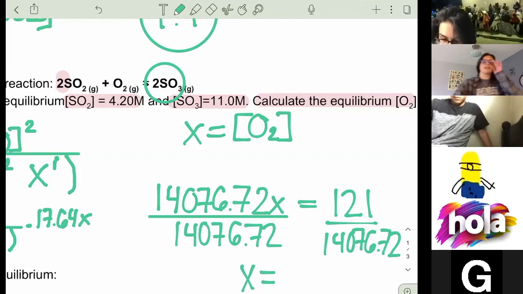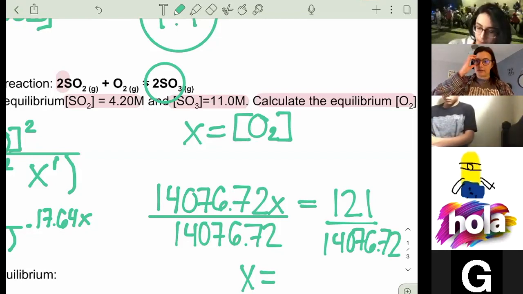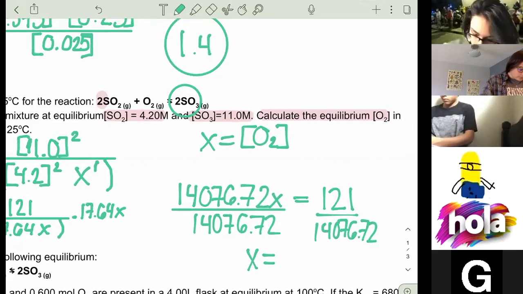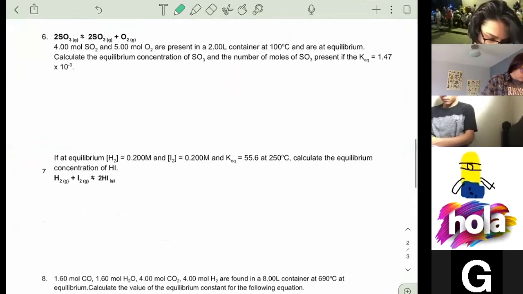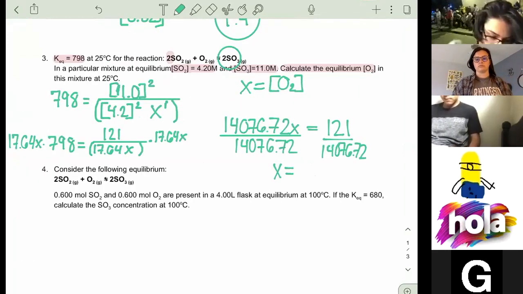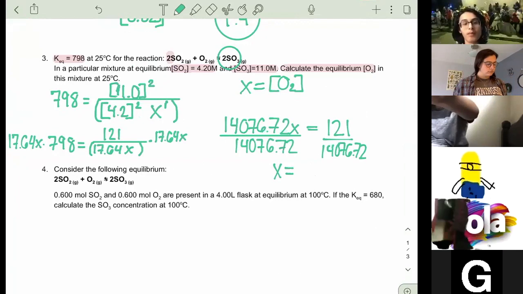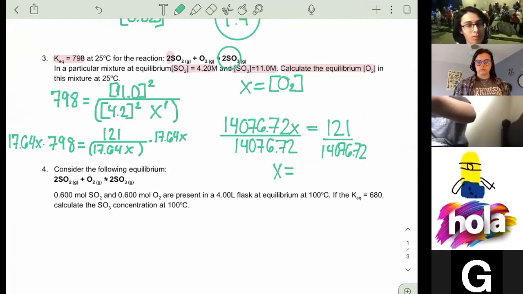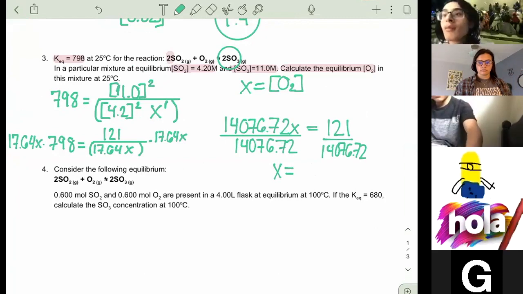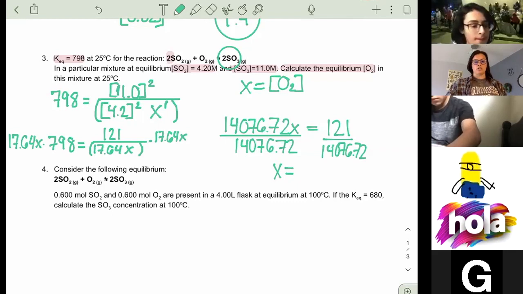And in the chat, tell me what you got for your x, your concentration of oxygen. Stephanie is the first one to post something.